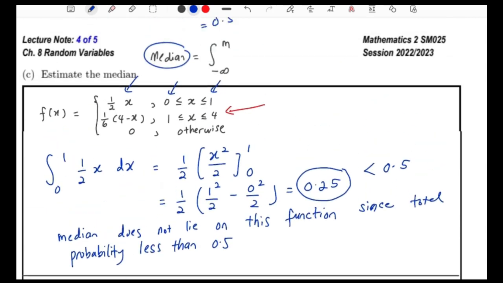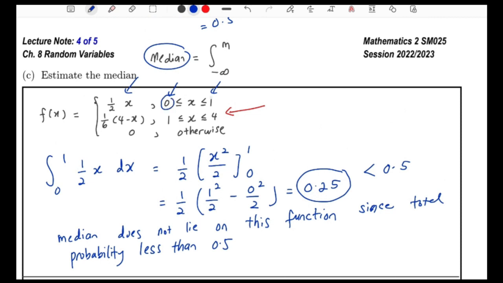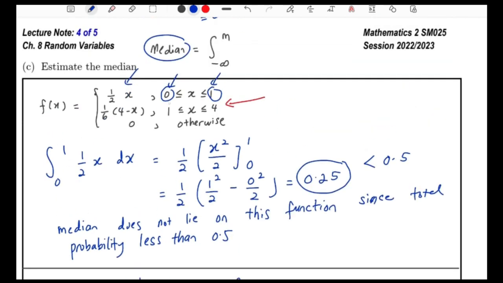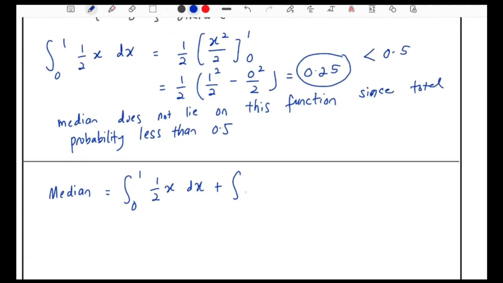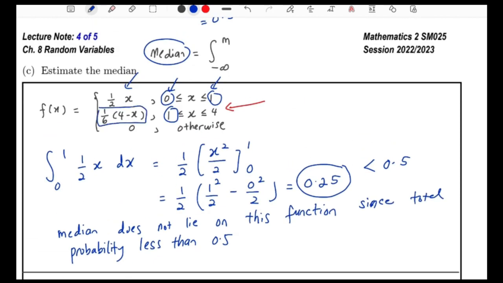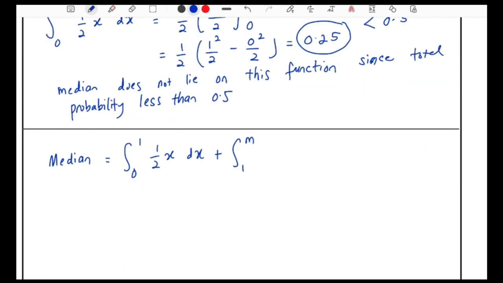we're going to integrate from 0 until 1 for that function, half x dx, and then plus 1 until the m, which is the median, since we know that median lies on the second function, so 1 until m, and the function is 1 over 6 times 4 minus x. And then make it equal to 0.5, since we know that median is equal to 0.5.